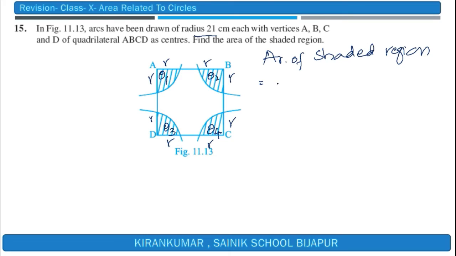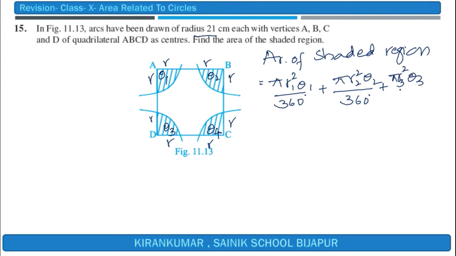Here the area of sector 1 is pi r1 square theta 1 by 360, the same with r2 square theta 2 by 360, plus pi r3 square theta 3 by 360, plus pi r4 square theta 4 by 360.